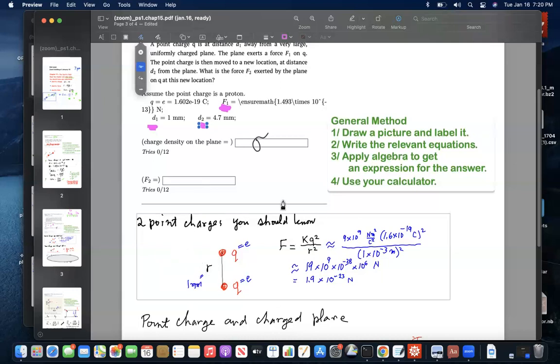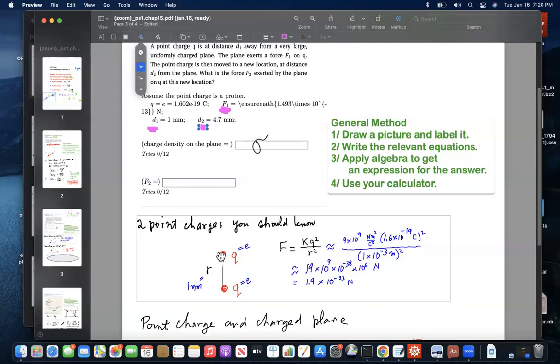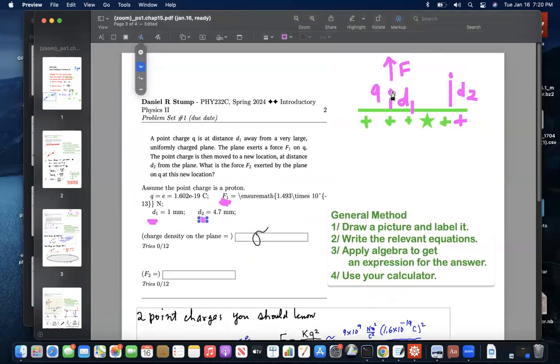That's a calculation you should know how to do. But that's not the calculation in this problem. Because in this problem, we don't have two small charges. We have one charge and a charged plane.